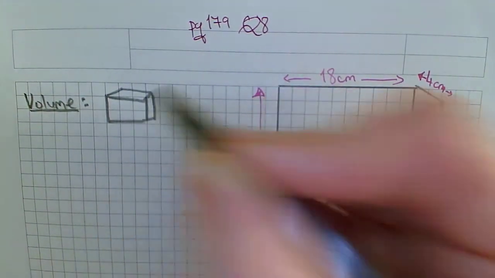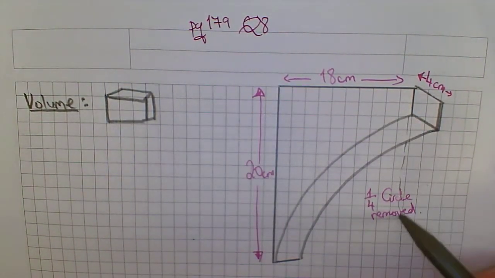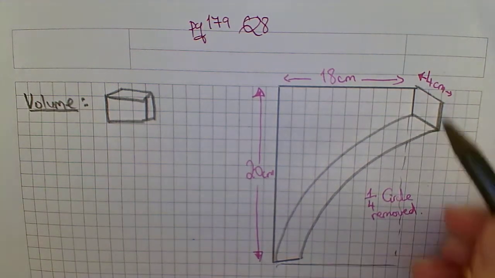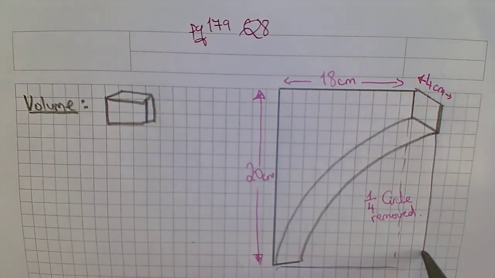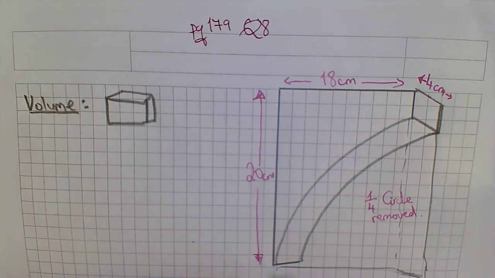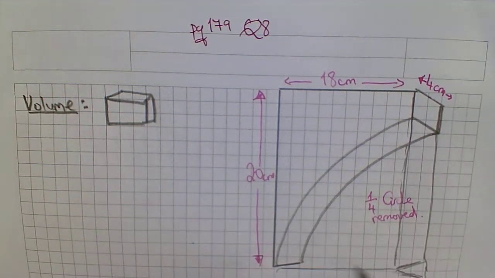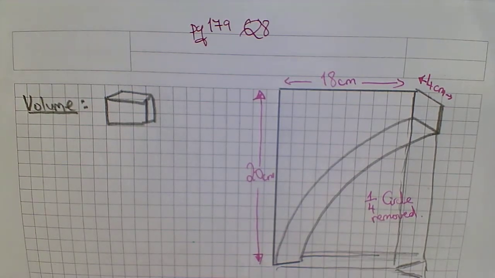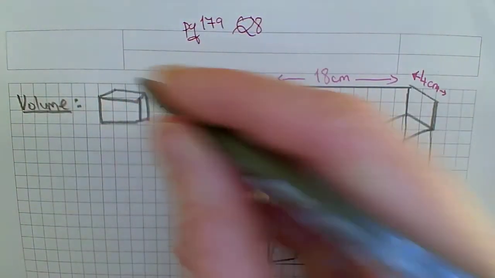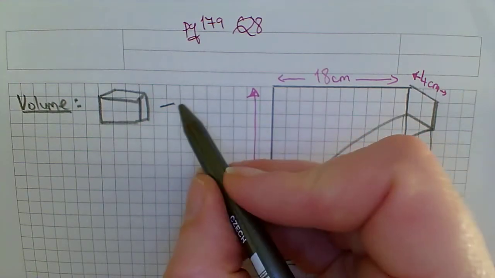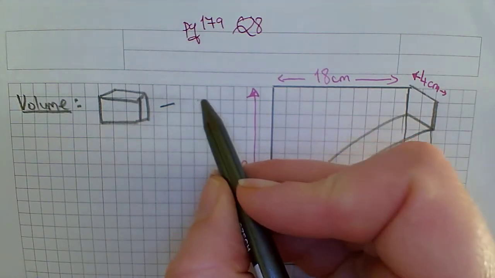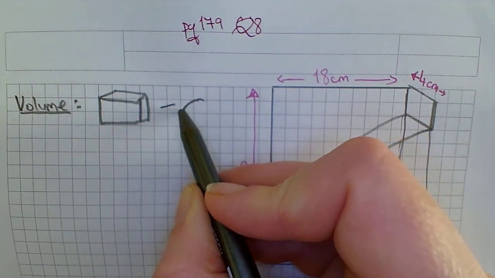So if I find the volume of the cuboid before that was chopped out of it, I'm not great at drawing 3D objects always. I find the volume of that, and then I find the volume of a kind of a cylinder, basically, so a quarter cylinder.